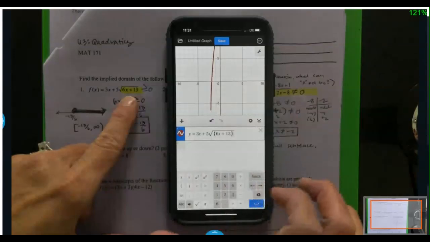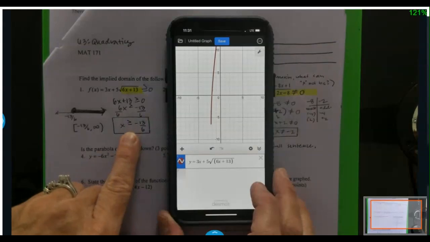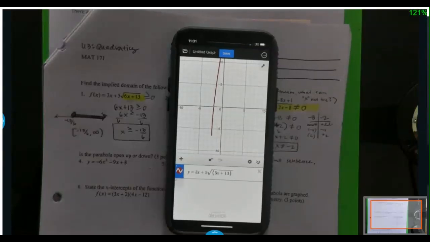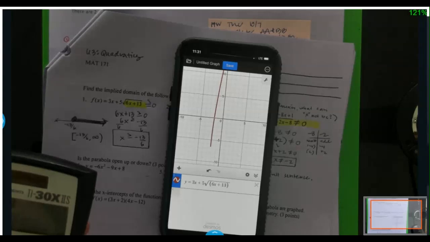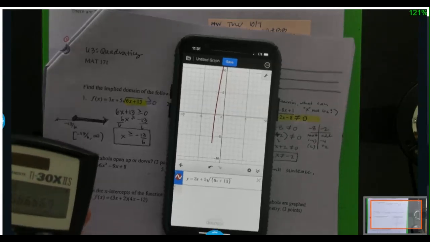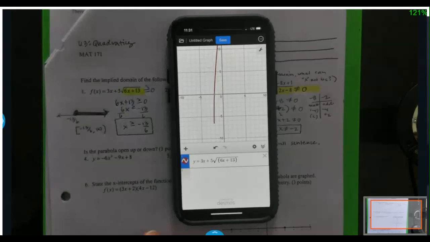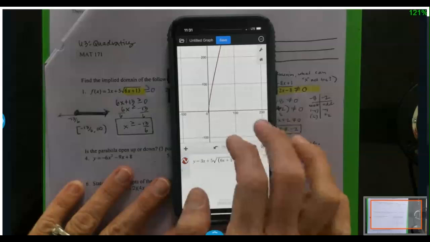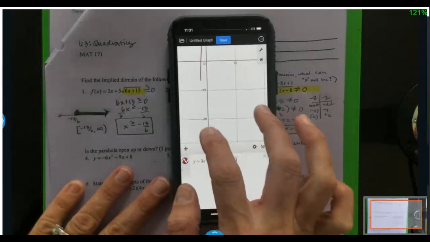Y'all agree with me that I put the equation in? Okay, so let's look at the graph. What we said is that your x's are going to start at negative 13 over 6. Negative 13 divided by 6 is, let's call it negative 2.2. If you look at this graph, and you would probably have to zoom out on it a little bit, this is going to be a shooting star because it's a square root graph. And look at the furthest most x, because we've talked about domain.